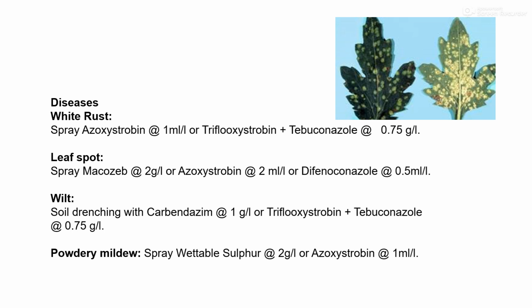For wilt, soil drenching with carbendazim at the rate of 1 gram per liter, and powdery mildew is controlled by spraying vegetable sulfur or any other fungicide, which also controls the above and different fungal diseases.